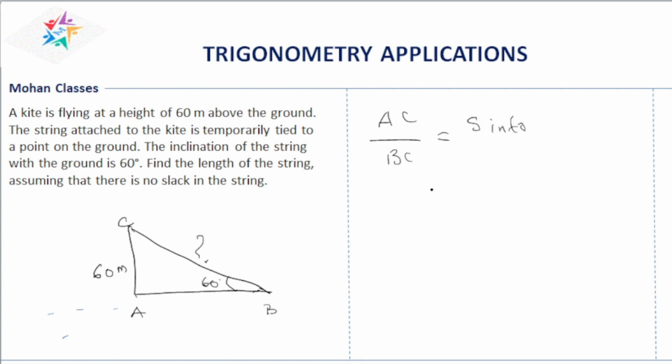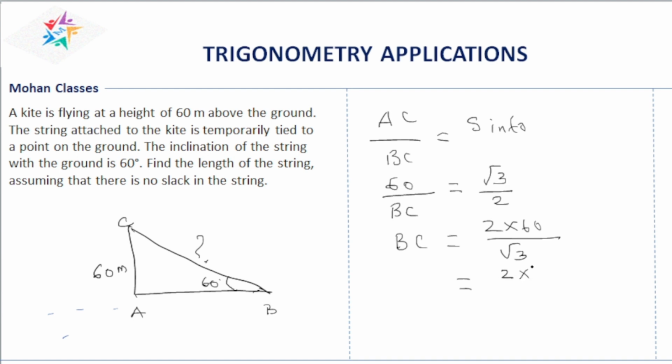Correct. So AC, what is AC? 60 meter, it was given. We don't know what is BC. What is sine 60? Sine 60 is equal to root 3 by 2. Now we have to find out what is BC, right? So 2 into 60 divided by root 3. Multiply numerator and denominator by root 3.